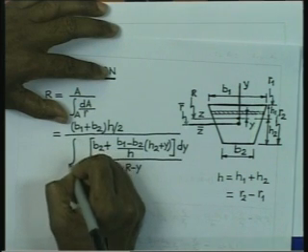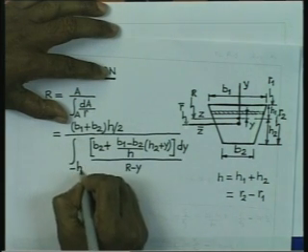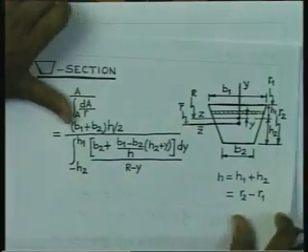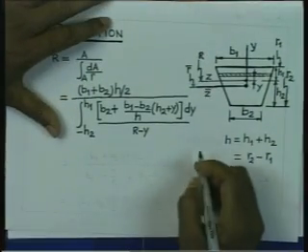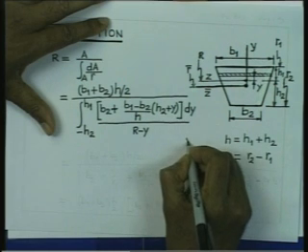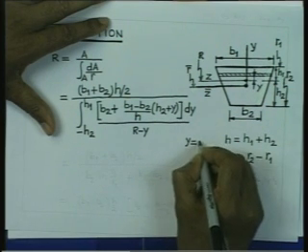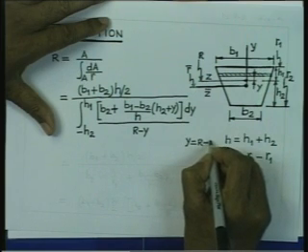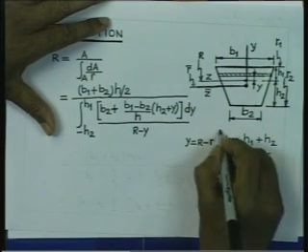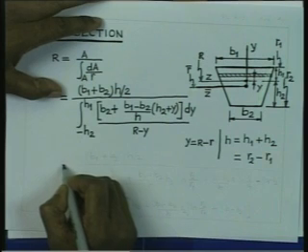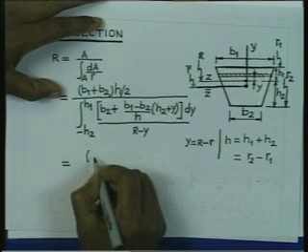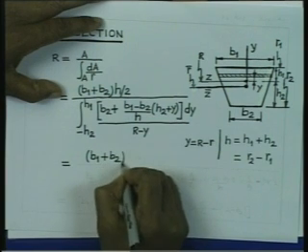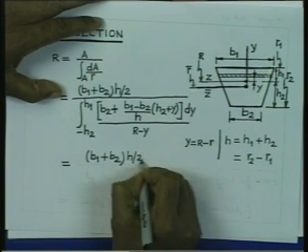going to be minus H2 to H1. Noting that y, we can write this thing as R minus R. We can now write this thing as (B1 plus B2) H by 2.